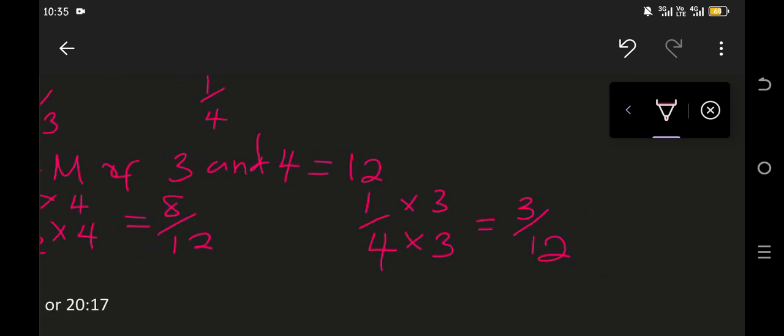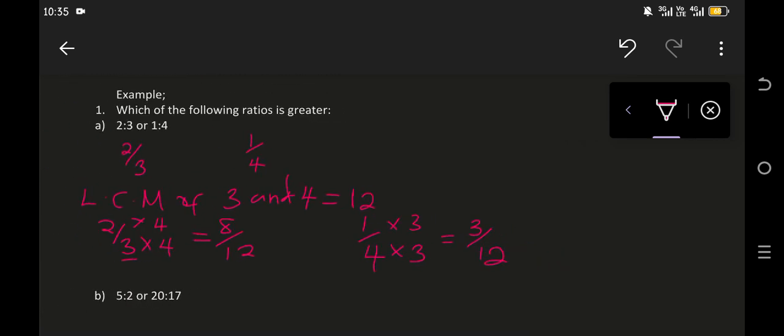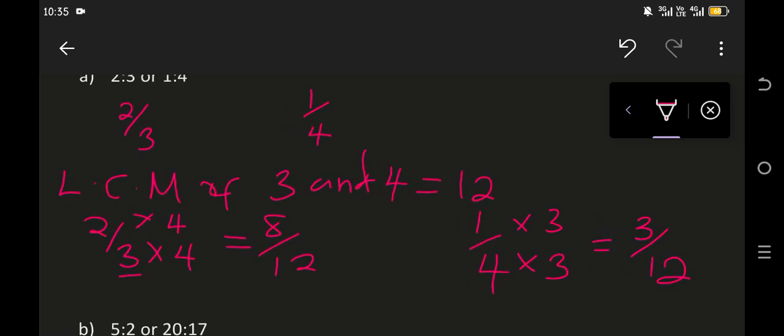Now that we have done that, we are going to ask ourselves, between 8 over 12 and 3 over 12, which one is larger, which one is smaller? Now this is easier because we have made the denominators the same. Now if you look at this, 2 over 3 is larger than 1 over 4. This means that the ratio 2 to 3 is greater than 1 to 4.